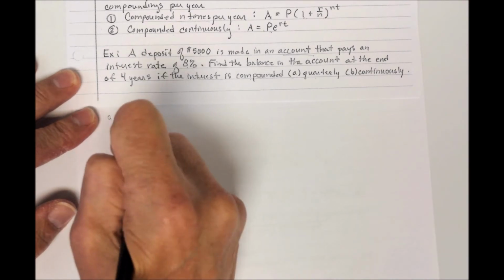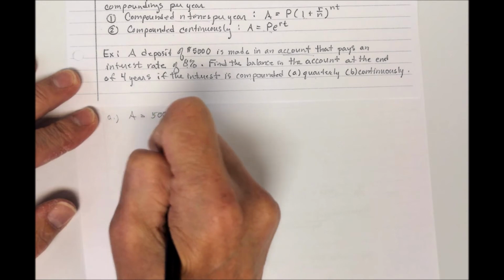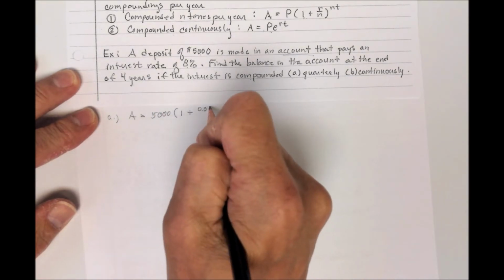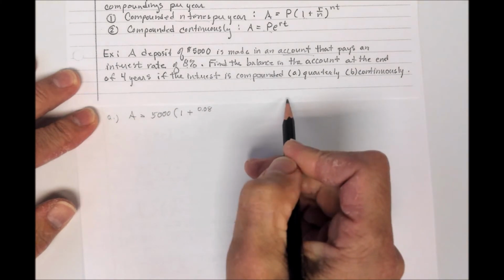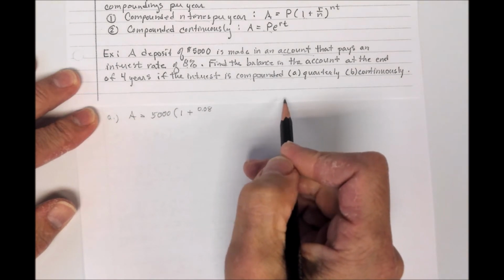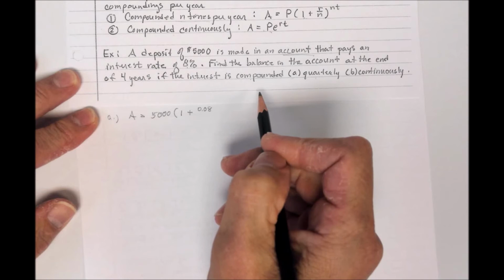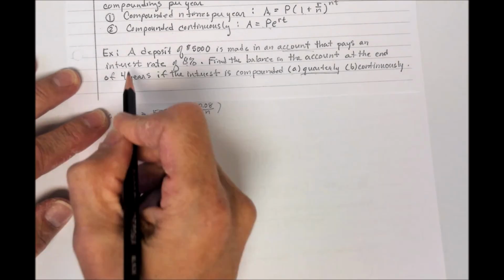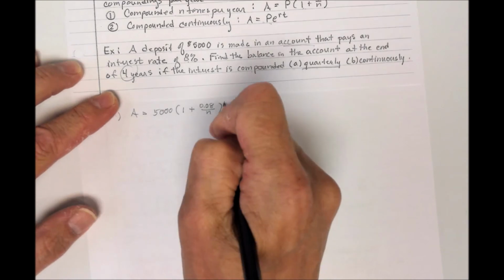A is equal to $5,000 times the quantity 1 plus my interest rate, which is 0.08. It's compounded, let's see, quarterly. So N is 4, and this is going to be for 4 years. So this would be 4 times 4 up here.